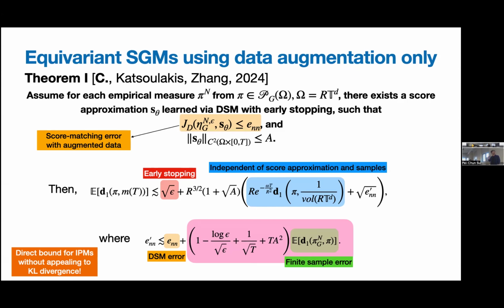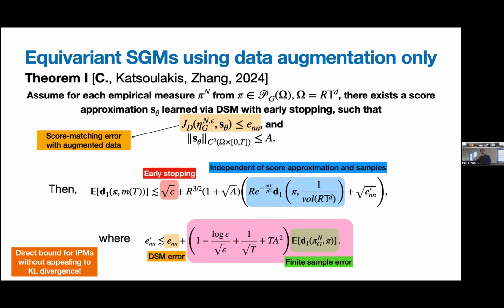Okay, then with this assumption, we show that the average of the Wasserstein-1 distance between the generated distribution and the target distribution has the following generalization bound. The first part is some early stopping error. And the second part is some exponential decay from the solution of the heat equation to its stationary measure. These two are independent of the score approximation and finite samples. And the third part is E_NN prime, where E_NN prime can be further decomposed as E_NN, the denoising score matching error, and the second part, the finite sample error.